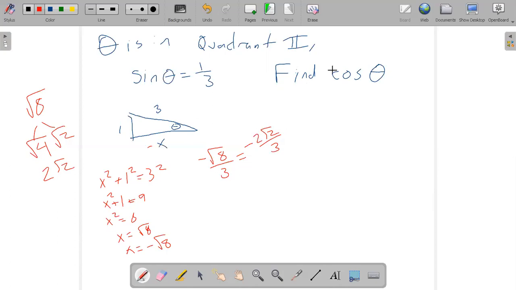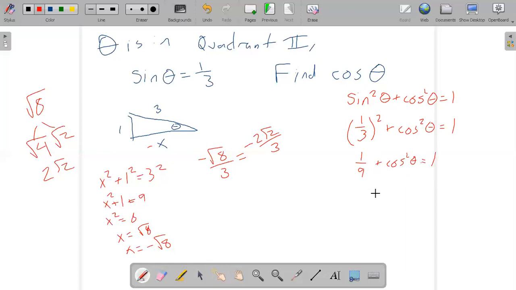The other thing that you could do is think back to what we talked about yesterday and remember that sine squared plus cosine squared equals 1. If I know what sine is, I can plug that in: 1/3 squared plus cosine squared equals 1. So now I get 1/9 plus cosine squared.